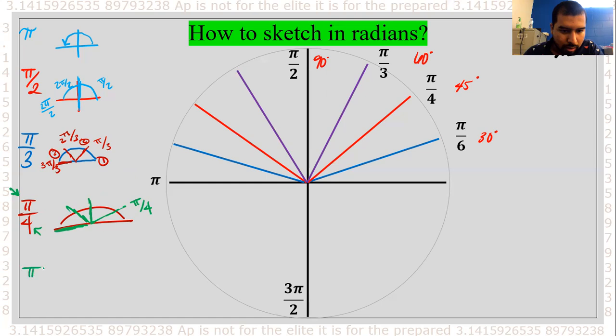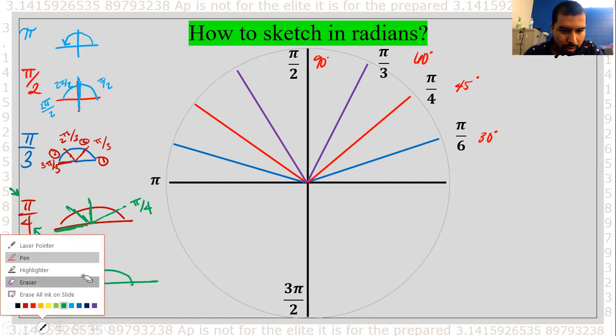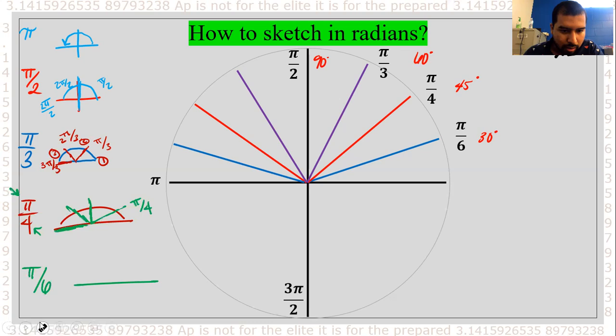Okay, last but not least, pi over 6. This one's going to be a little tougher, especially because I wrote it really tiny, so I'm going to do that again. Yeah, this should be better. So we have something like this, and we're going to split this up into 6 equal sections.